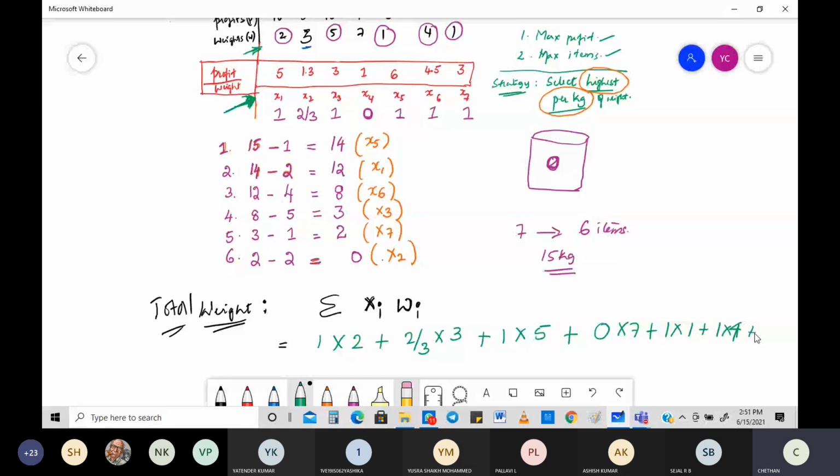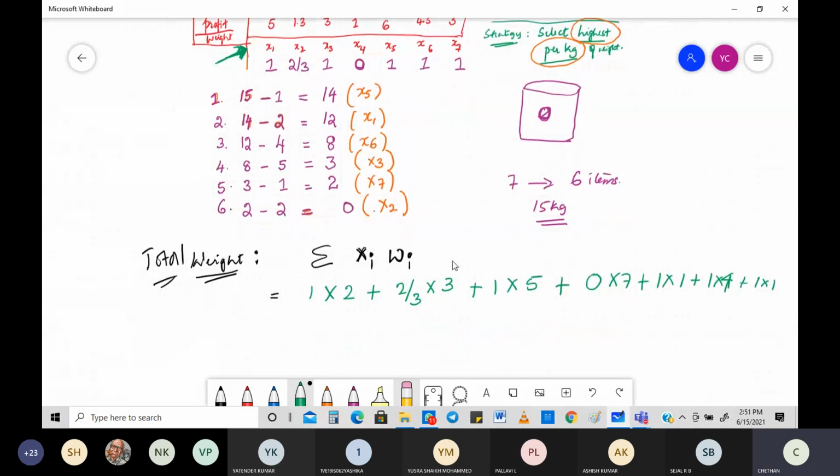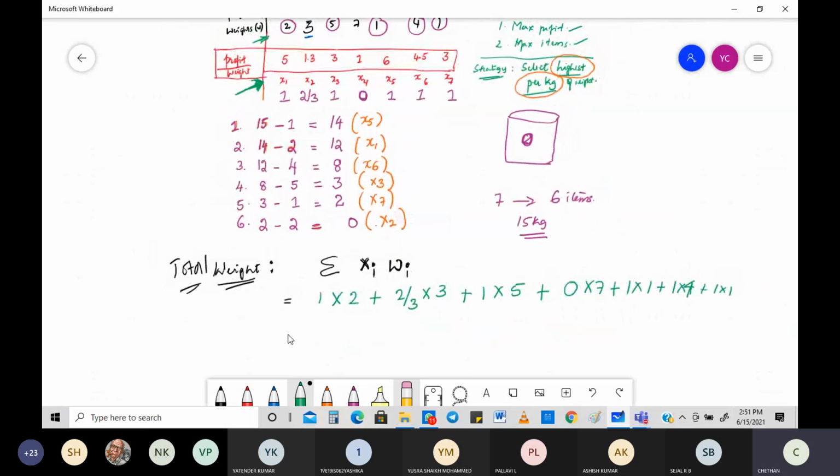Now figure out whether it equals 15. It should. If it is not, then you've gone wrong. This is 2 plus 2 plus 5 plus 0 plus 1 plus 4 plus 1: 4, 9, 10, 14, 15.